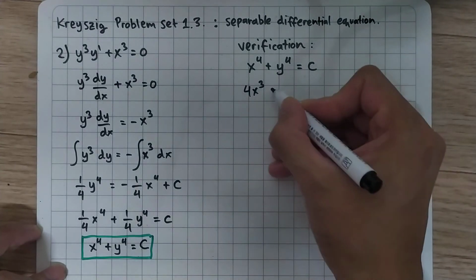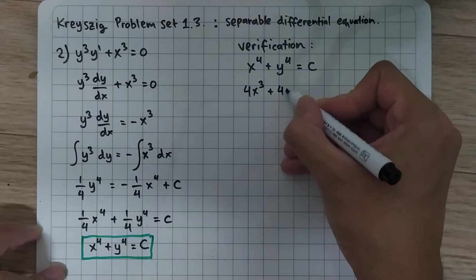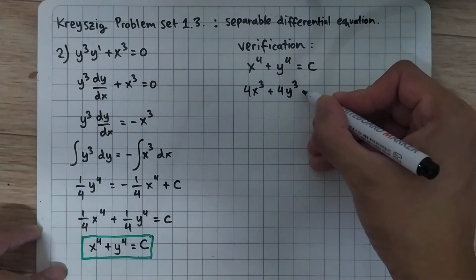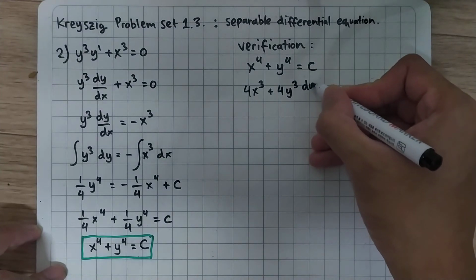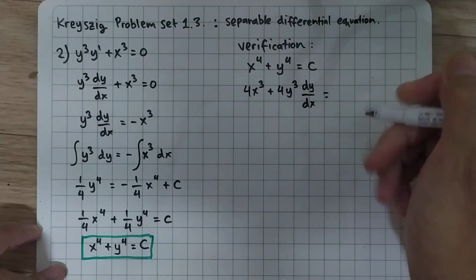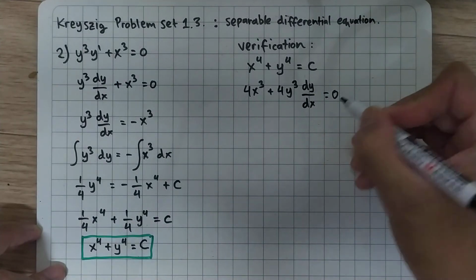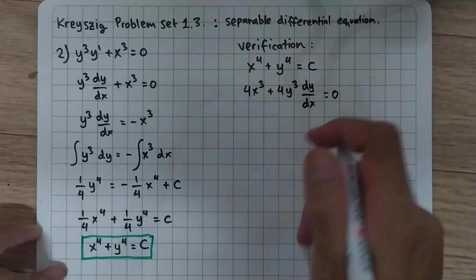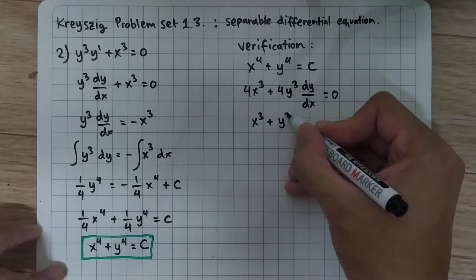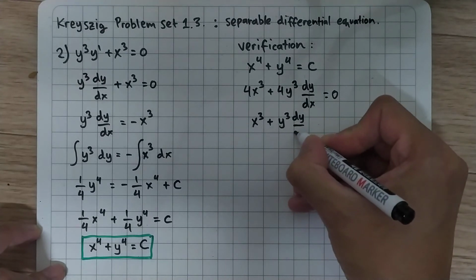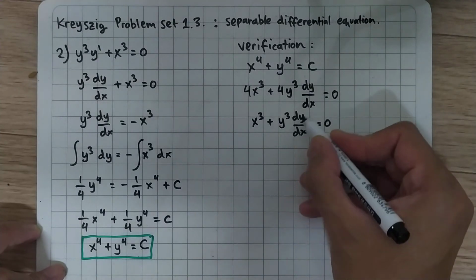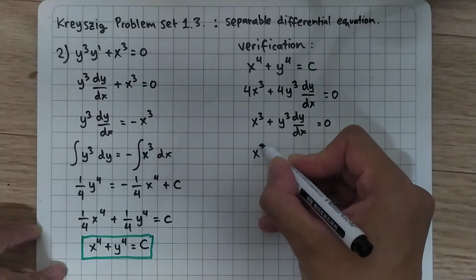4x to the third power plus 4y to the third power, and because y is a function of x, we need to multiply it by the derivative of y with respect to x, and the derivative of the constant is 0, and we can divide both sides by 4, so we will have x to the third power plus y to the third power dy/dx is equal to 0, and then we can rewrite dy/dx as y prime.